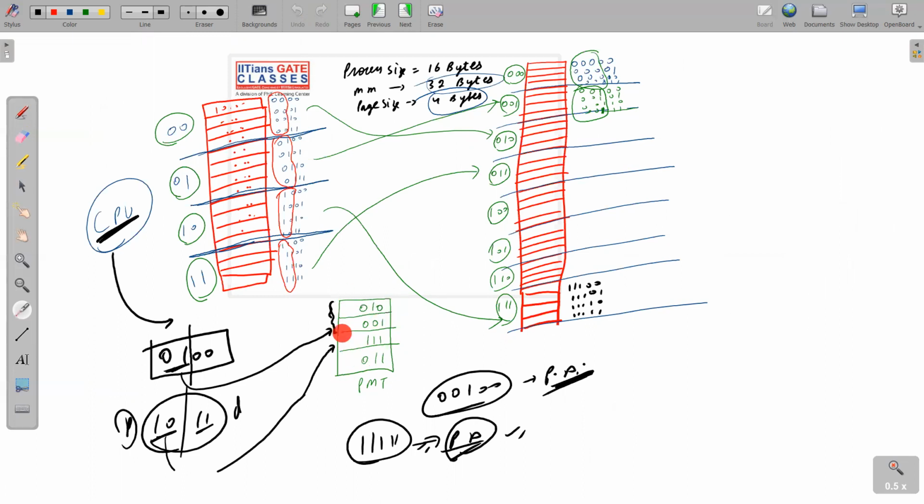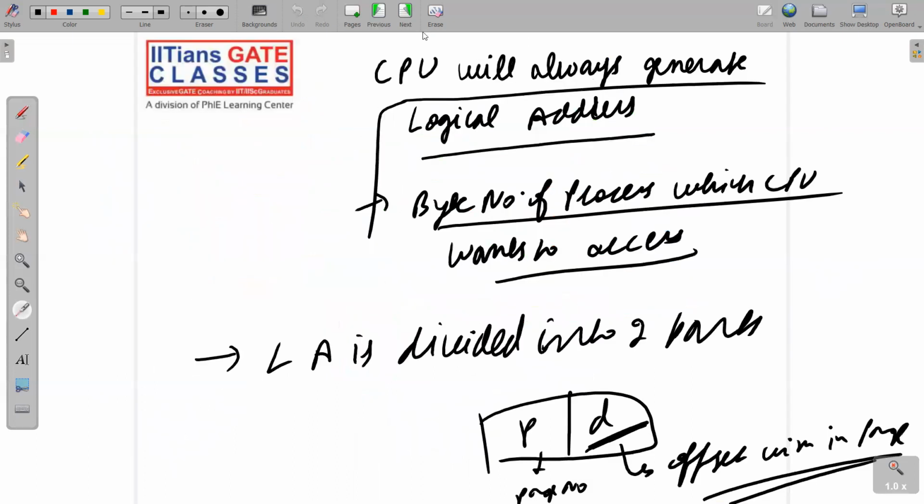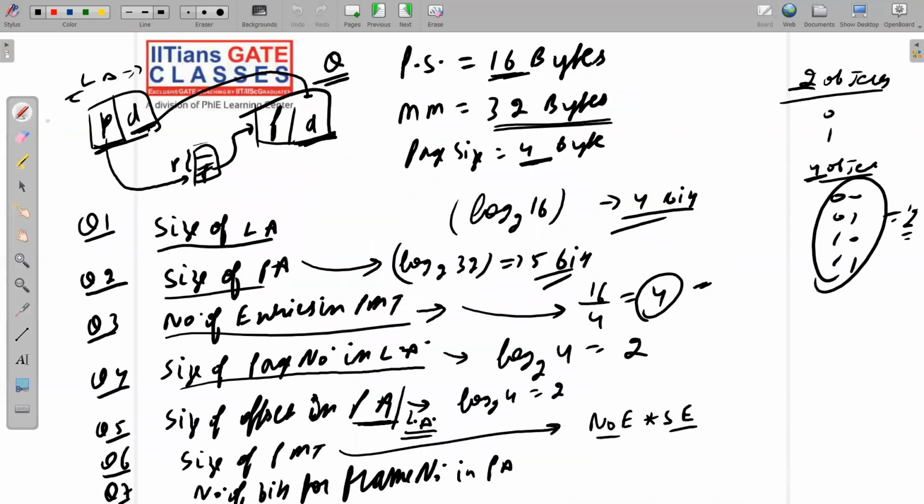Number of entries is 4 because number of pages is 4. And how is entry size 3? Because frame number, please check it yourself, is 3 bits. That's why the entry is 3 bits. So number of entries is 4, size of entry is 3, so 12 bits. Very obvious.